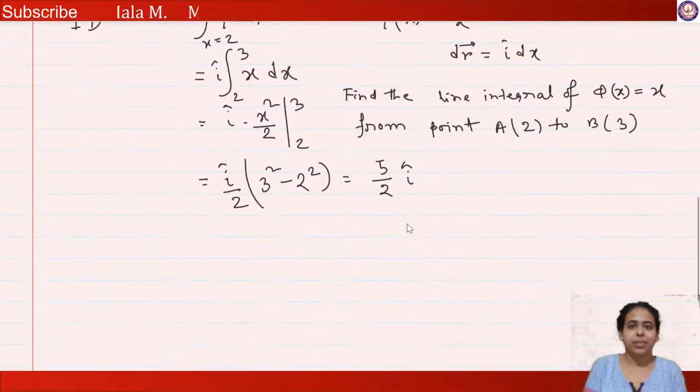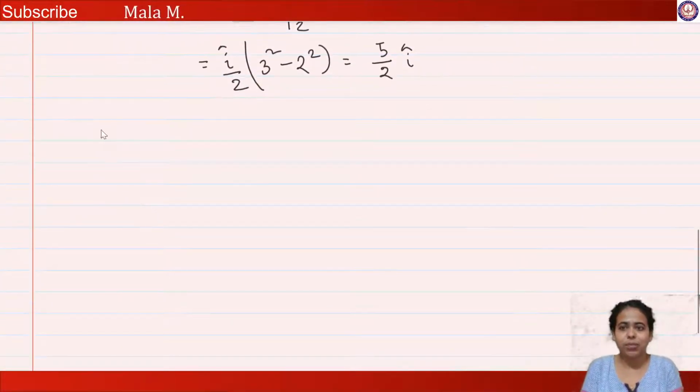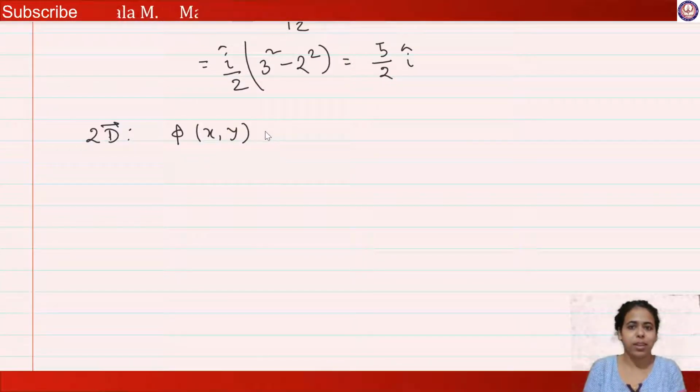But if this function phi goes to 2 dimensions, then also it is simple, because phi is a function of x, y. Let's say it is 2x plus 3y.